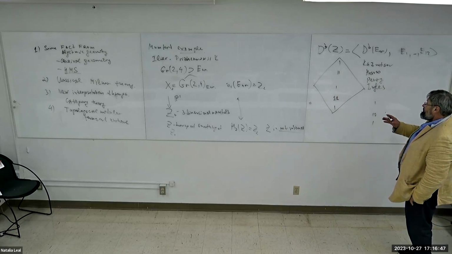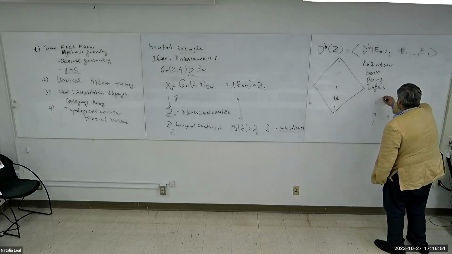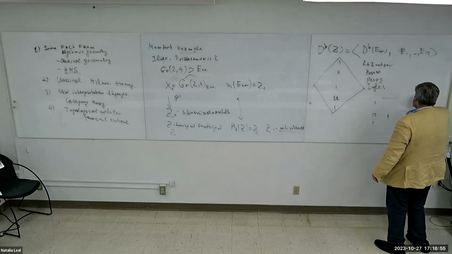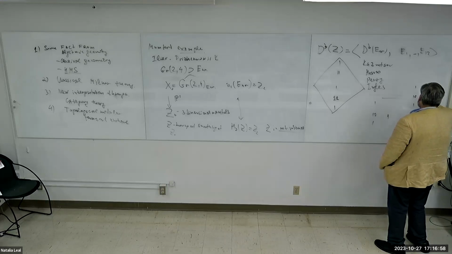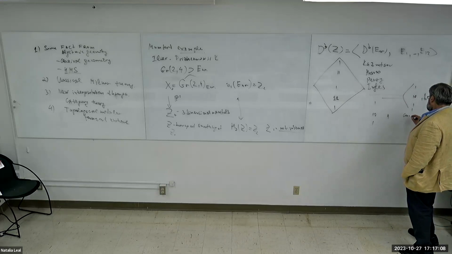So you have this splitting of the Hodge diamond, so this piece, and then 12 other pieces. And this splitting of the Hodge diamond is canonical.